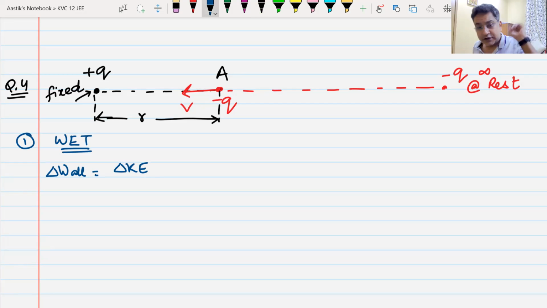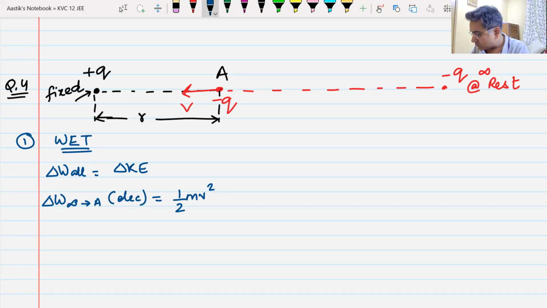Now, to find out the work done by all forces, there is only one force, which is the electrostatic force. This electrostatic force is doing work in bringing this charge from infinity and placing it at point A. Do you understand what I've written here? That must be equal to the change in kinetic energy. Change in kinetic energy is final kinetic energy minus initial kinetic energy, which is 0.